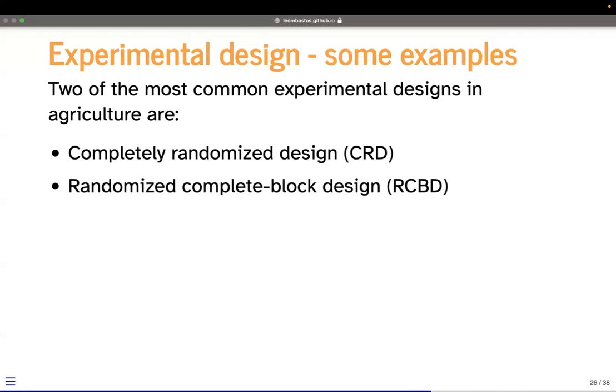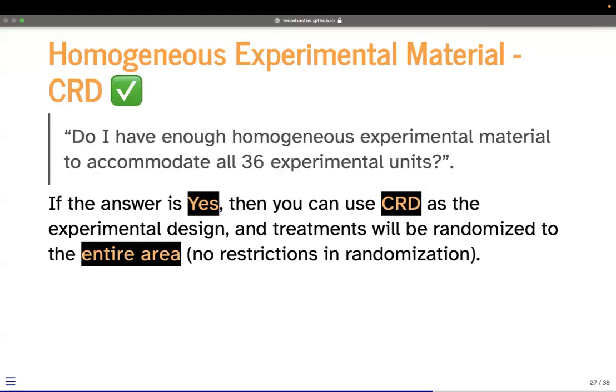So again, the two most commonly used experimental designs in applied agriculture are the completely randomized design, which is the simplest one, and the randomized complete block design. That's perhaps a little bit more complex, but it's really one of the most widely used in what we do.